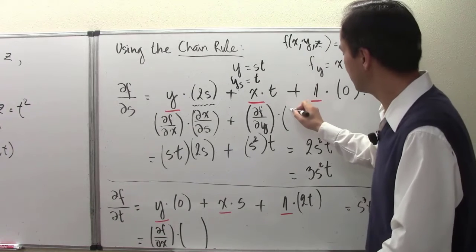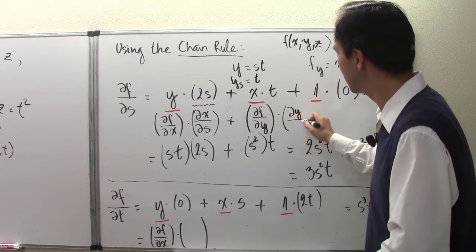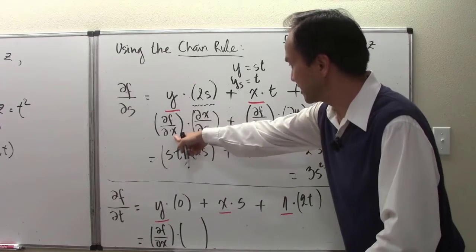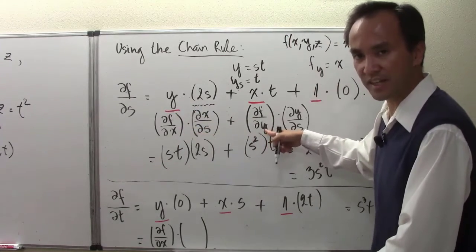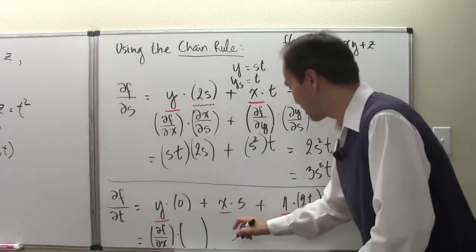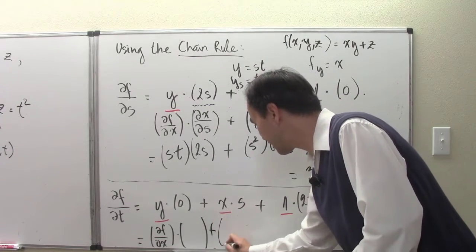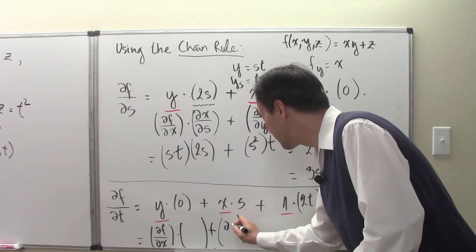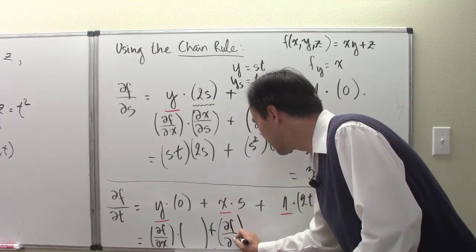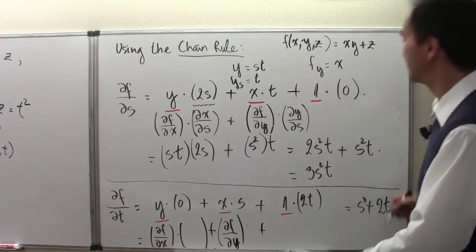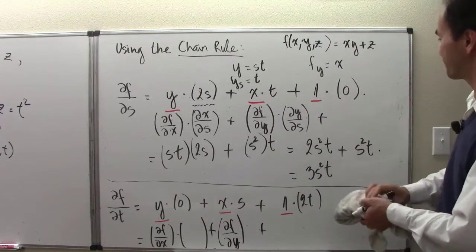So this is dy ds. Okay, so s is the inner variable, x is the first outer variable, and y is the second outer variable. Okay, so same way as I recognized this, this x that I underlined was df dy. Okay, and then the last one right here.